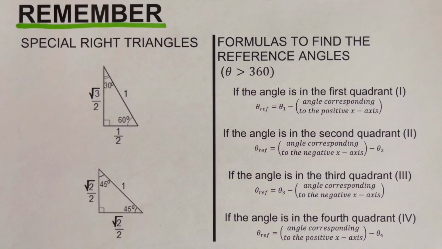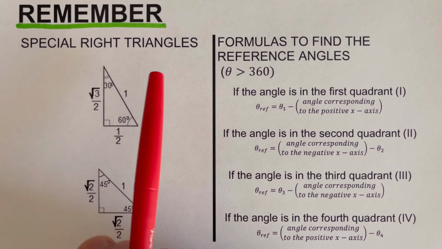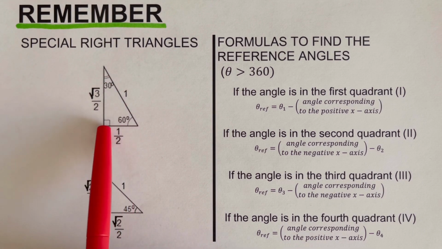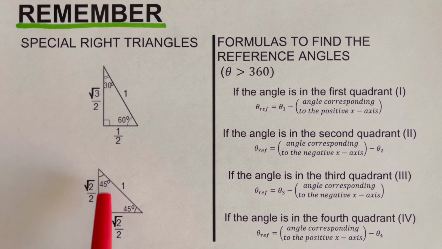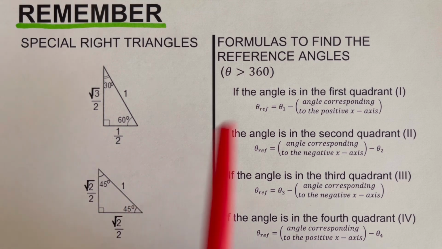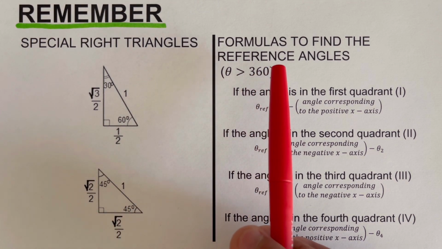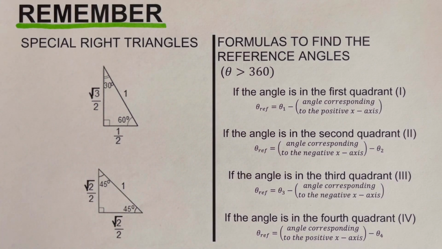We remember that the special right triangles include the 30, 60, 90 degree triangle and the 45, 45, 90 degree triangle, and the formulas to find the reference angle are very important in order that we can evaluate trigonometric functions. Let's go over the special right triangle here. Let's start with the 30, 60, 90 degree triangle.